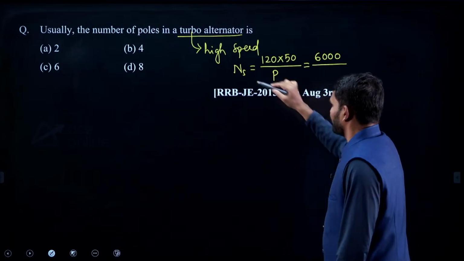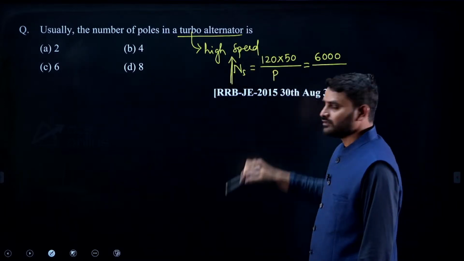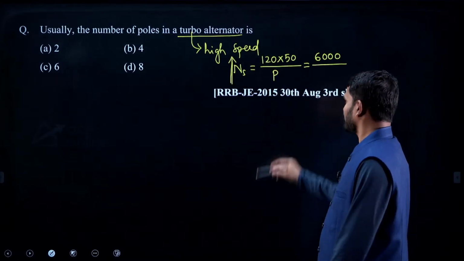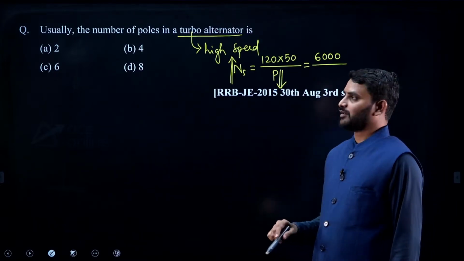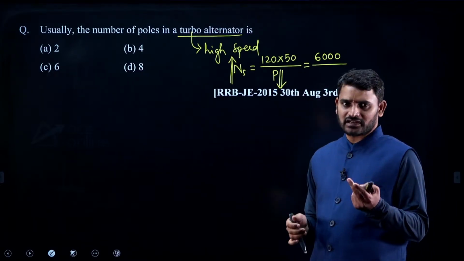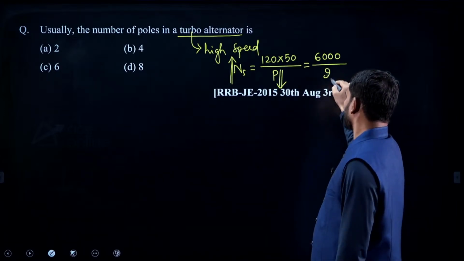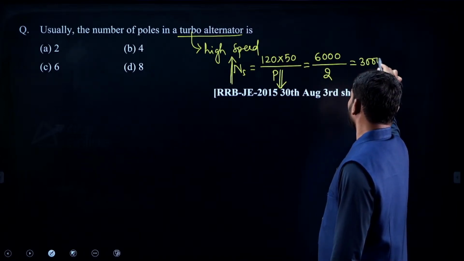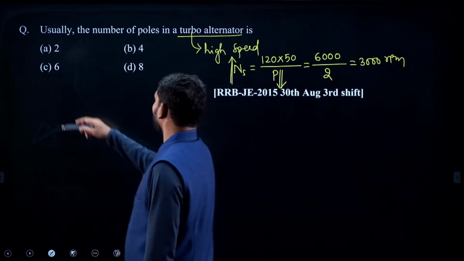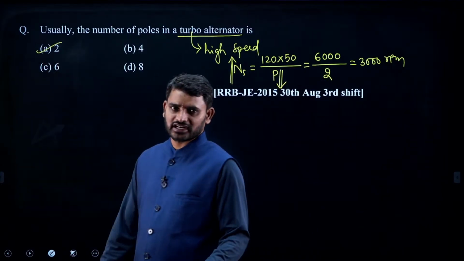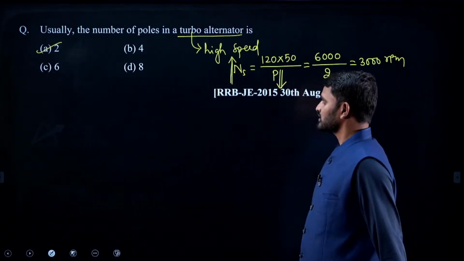To get a high speed, the poles must be minimum. The minimum number of poles is 2. If you take 2, the answer will be 3000 RPM. So for high speed, the number of poles is generally 2. For turbo alternators, it will be 2.